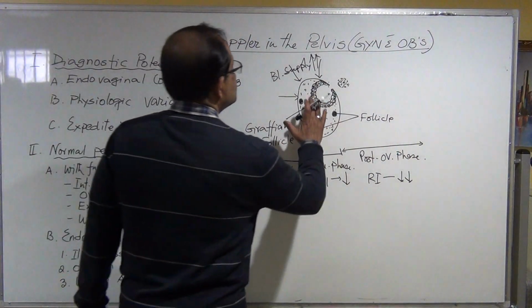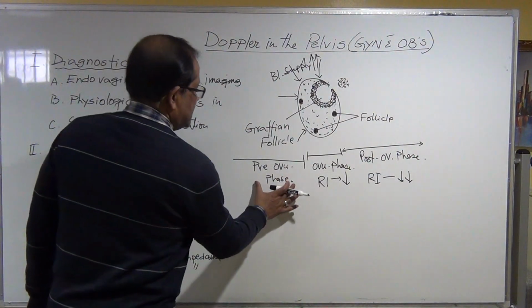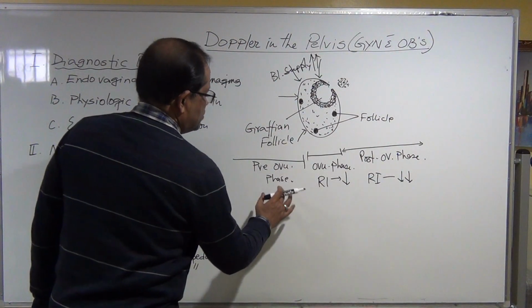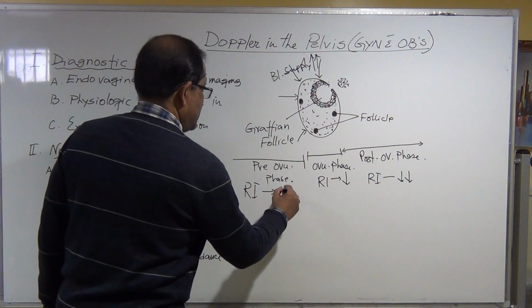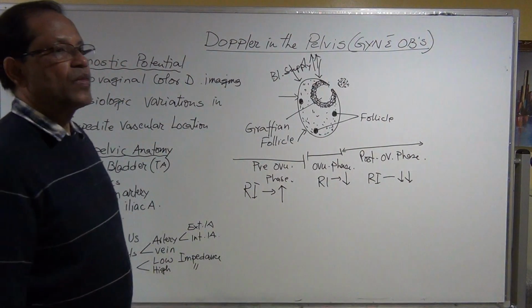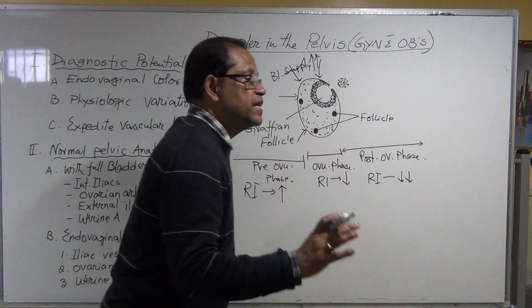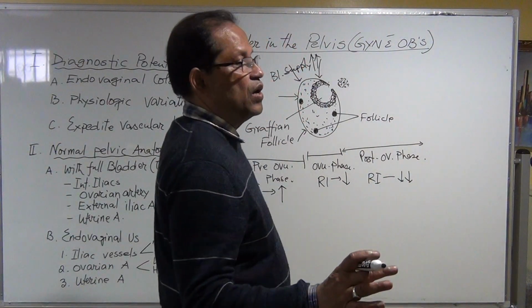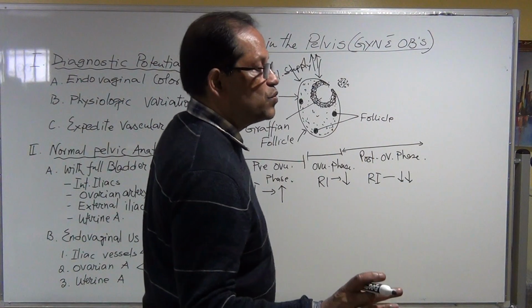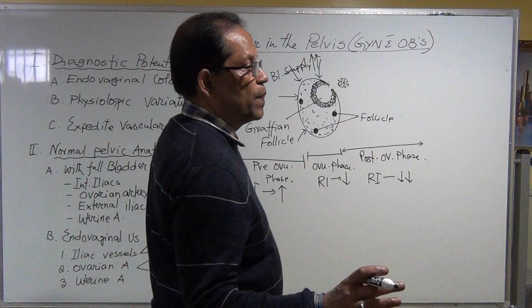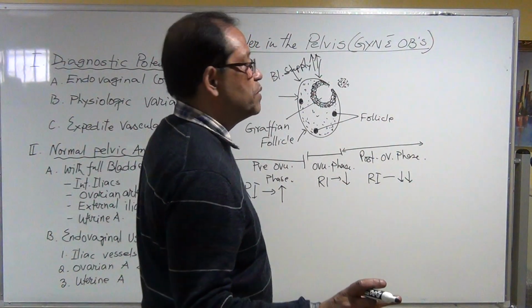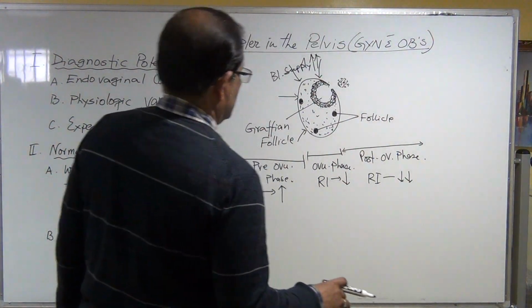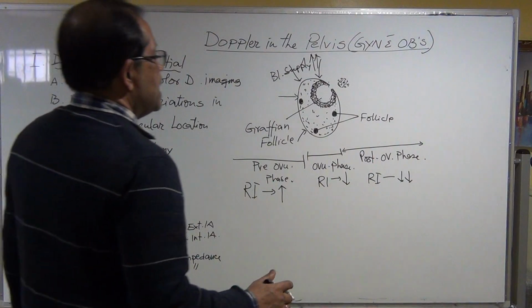And when there is no ovulation, say at the pre-ovulatory phase, the resistivity index will be high. That's why we need to take the history from the patient: when was your LMP, and do you have regular periods or not.